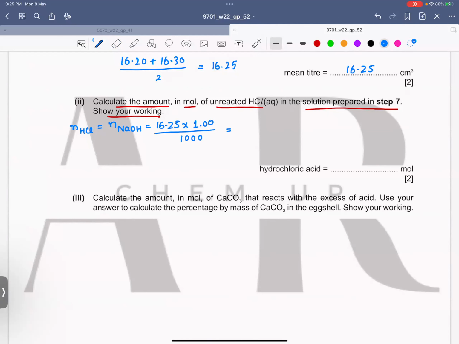So can anybody tell me what value we are getting over here? 0.01625.